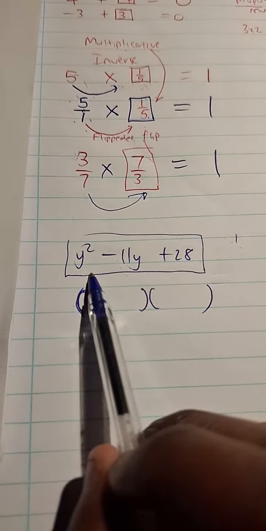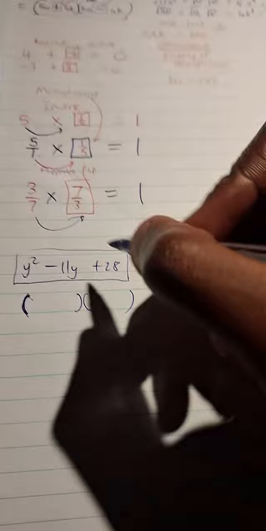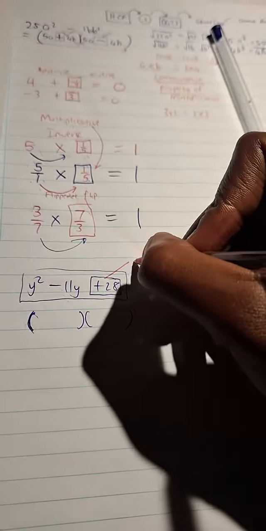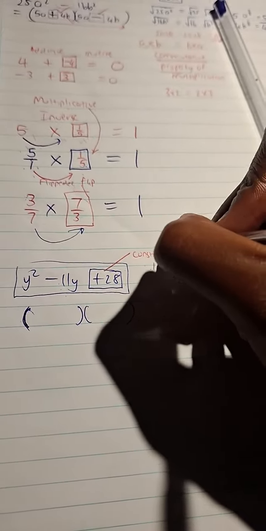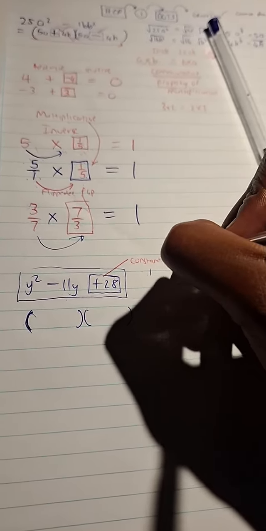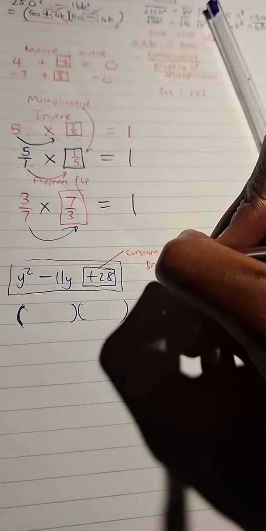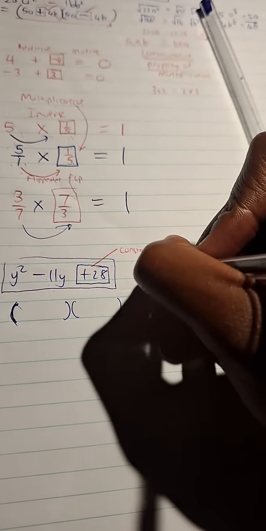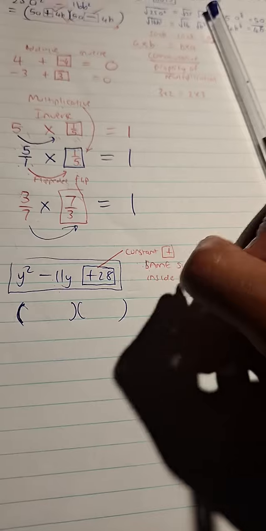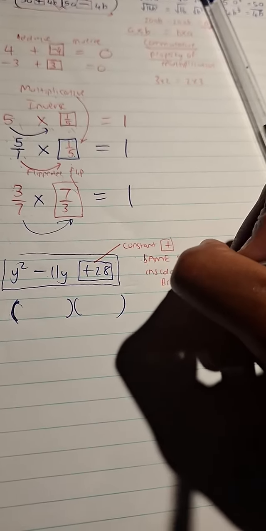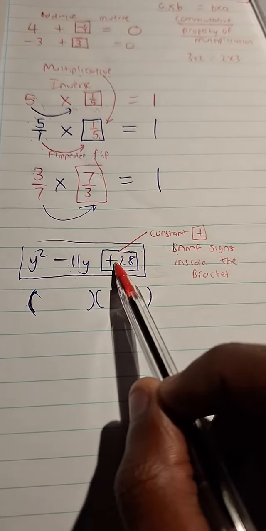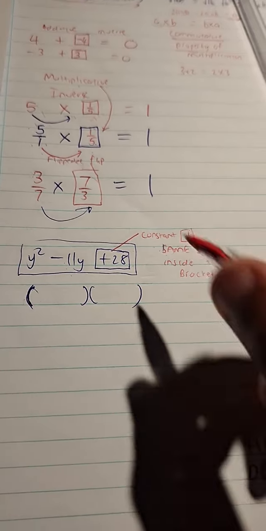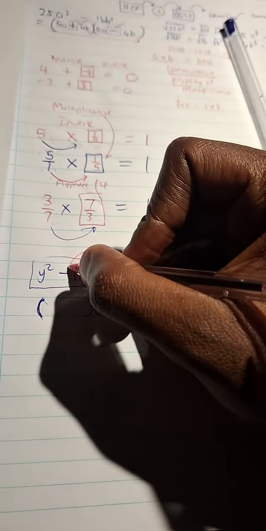Then we have a constant term that is positive. Guys, when you have a constant term that is positive, that means you are going to have the same signs inside the bracket. According to who?